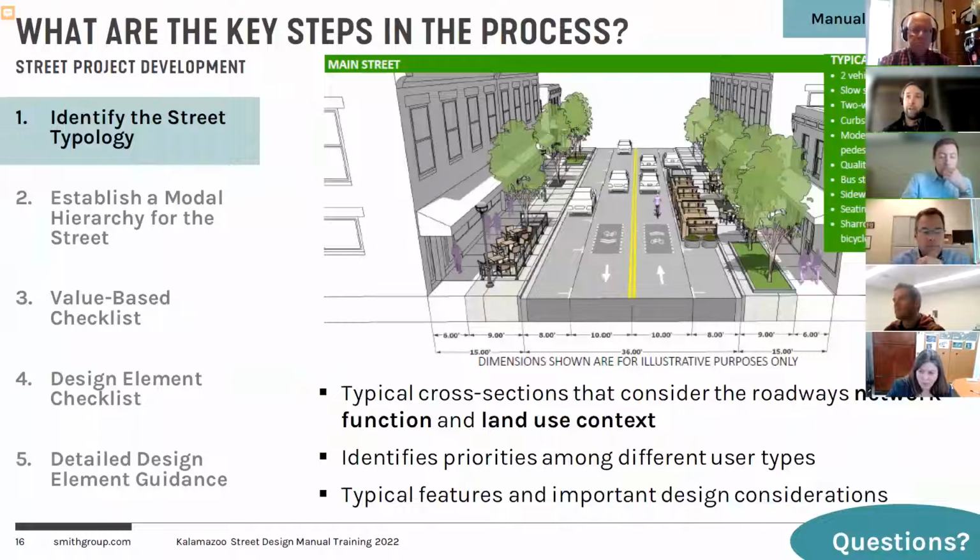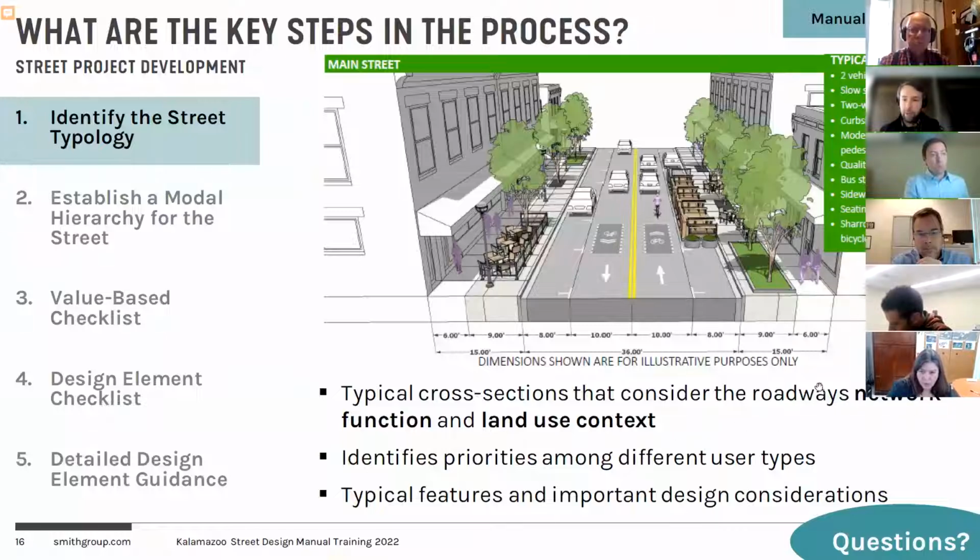And I should mention that while the typologies often look backwards, if you will, towards traffic volumes and the functional role that the road has played, they're future looking and prescriptive in terms of what they aspire to be. So I think that's an important definition. These typical features aren't about mapping what is, it's about mapping what it could be moving towards in the future.